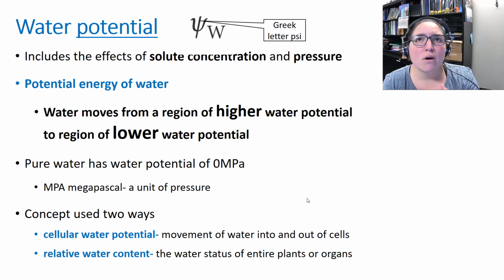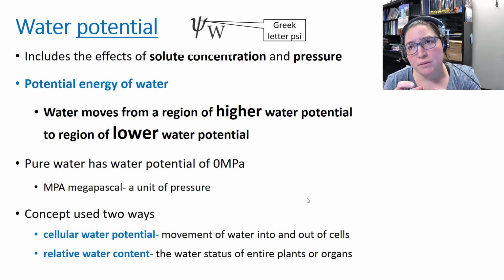And we can talk about water potential with plants a couple different ways. We can talk about cellular water potential or relative water content. So cellular water potential helps us understand how water can move in and out of cells, and then relative water content is the water status of the entire plant or an organ. And this is something you can actually measure. You can go out into the field and cut a leaf or a small stem off.